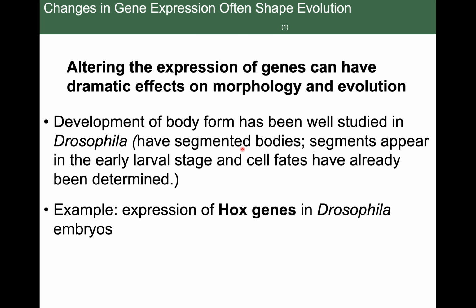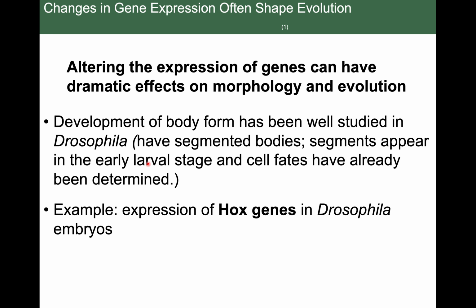Usually these embryonic stem cells will go through this process of determination and then differentiation, and they take on these specialized fates. And in studying fruit fly development, it became clear that these fates were determined in most cases pretty early on, even at some of these early larval stages.